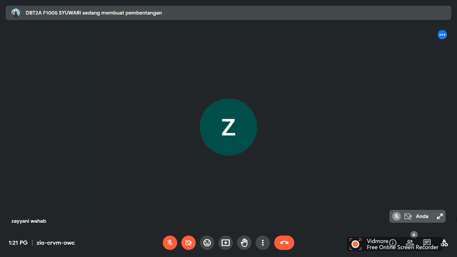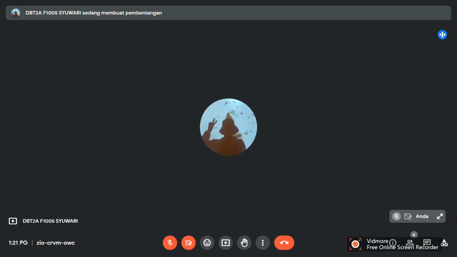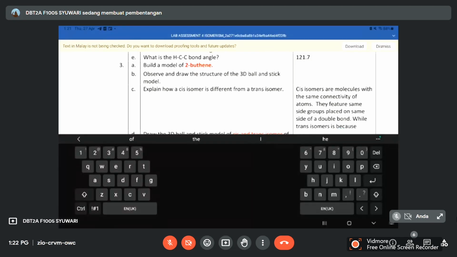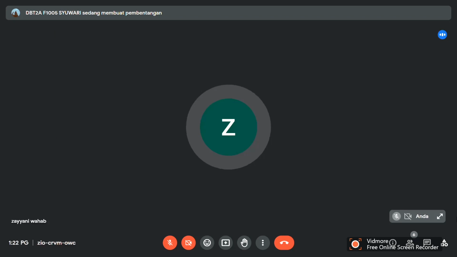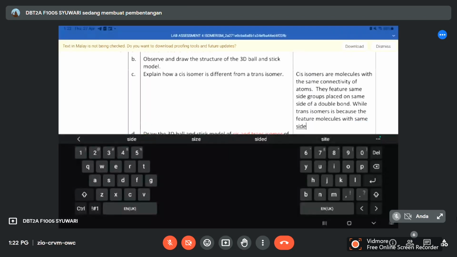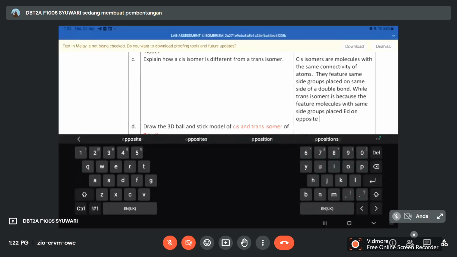That is for the cis isomer, while for the trans isomer, it features molecules with same side groups placed on the opposite side of the double bond. So that is the answer for this question.